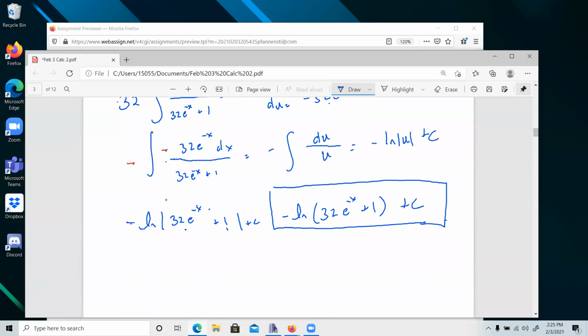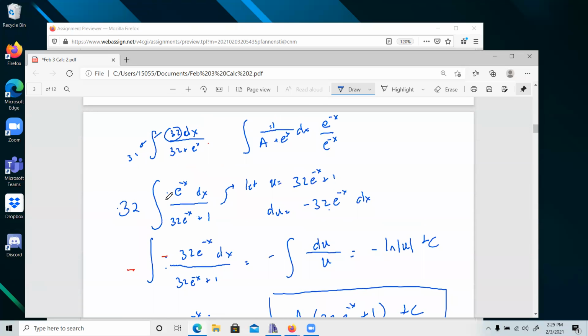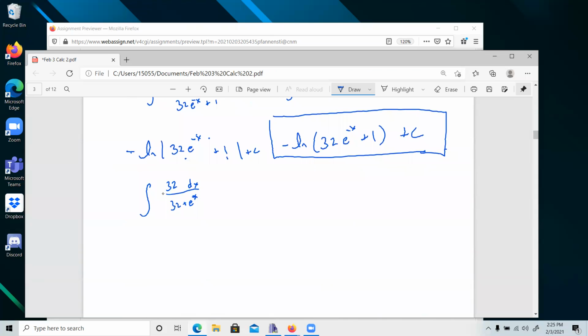At the beginning, we still have this guy. So we have 32 dx, and then this was 32 plus e to the x. That was what we had. Let's see. We could set u equal to 32 plus e to the x, and du is equal to e to the x dx.